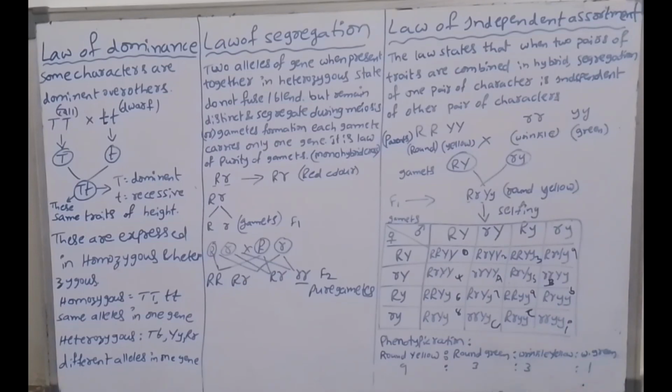Round green plants: round is capital R, green is small y.